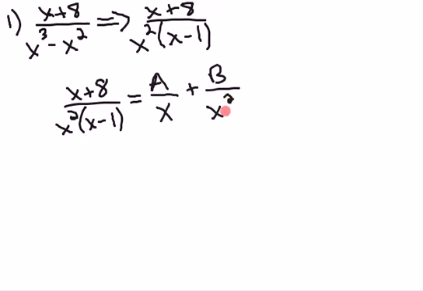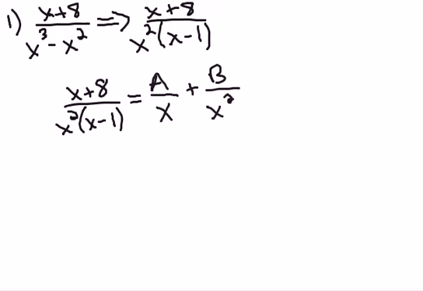The squared represents the repeated x value here. If it was x cubed, I would have a over x plus b over x squared plus c over x cubed. If it was x minus 1 quantity squared, I would have not only an a over x minus 1, but a b over x minus 1 quantity squared.